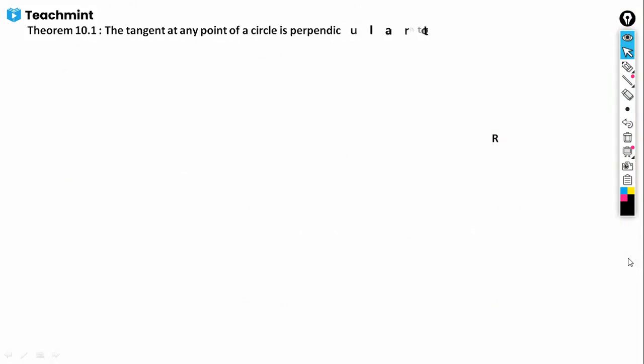Whenever a theorem is started, it starts with the statement. If it is not clear, zoom your screen so it is easily visible to you.